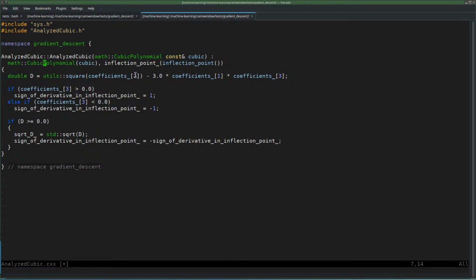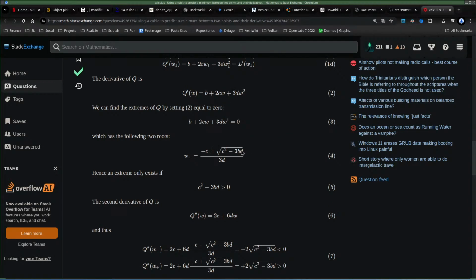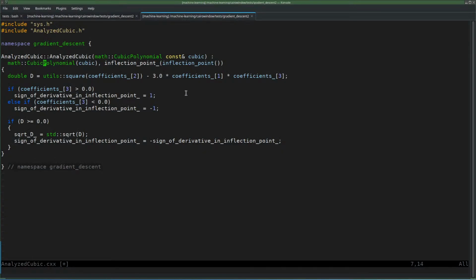And again, 0 is A, 1 is B, 2 is C. So this is C squared minus 3BD. And then only if it is larger than 0, we can take the square root of that, obviously.